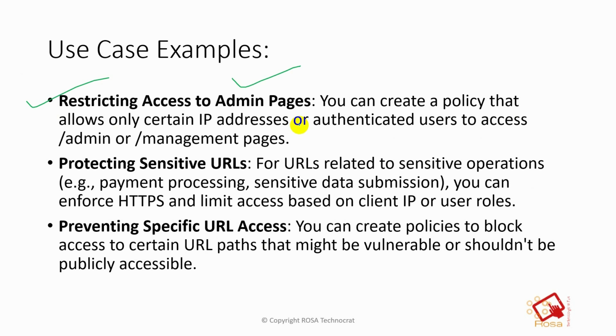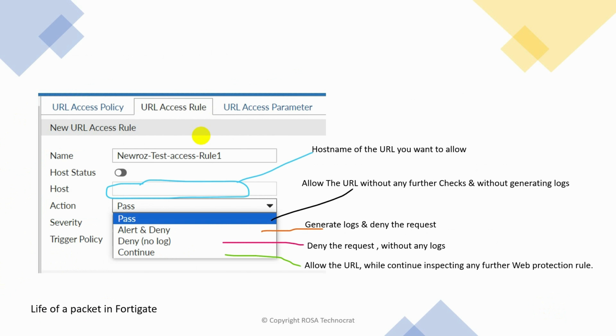Likewise, you might have various sensitive URLs which should not be allowed, so that is protecting sensitive URLs, and then preventing specific URL access with certain parts of the category. These are various use case examples for URL access policy on Fortiweb.